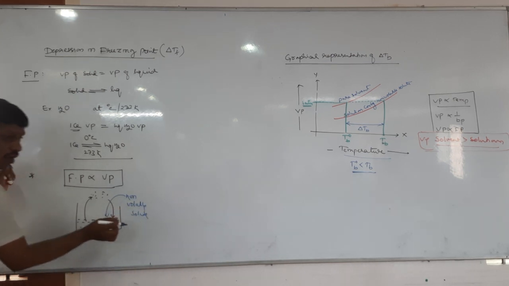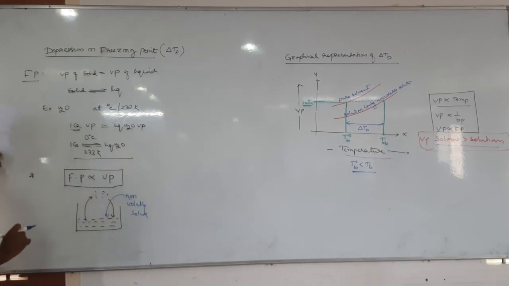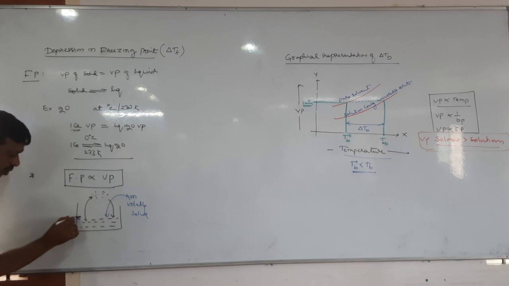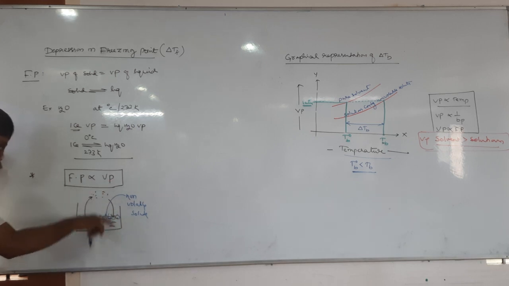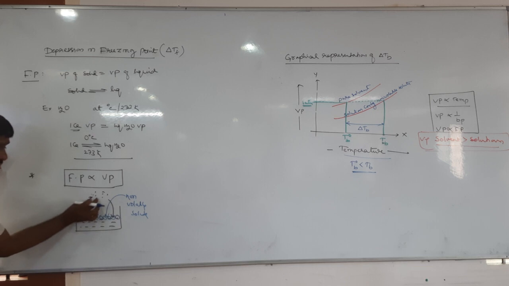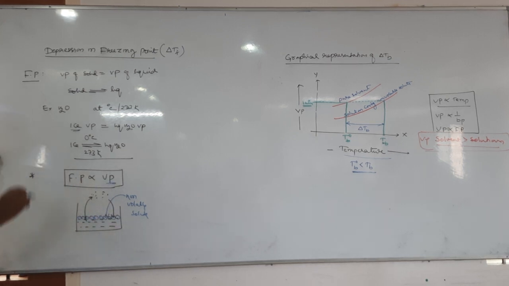Some of the solute particles occupy the surface of the solvent. As a result, the number of solvent molecules escaping into the vapor phase decreases. Therefore, the number of vapor molecules decreases, then vapor pressure decreases. When the vapor pressure decreases, the freezing point also decreases.